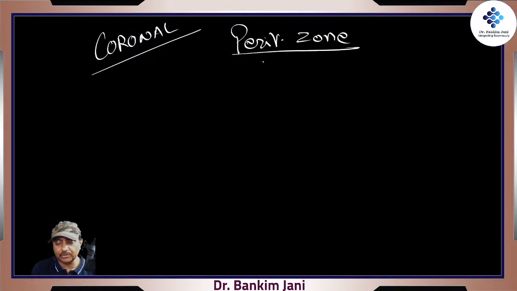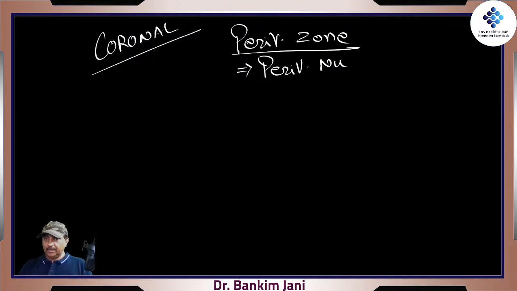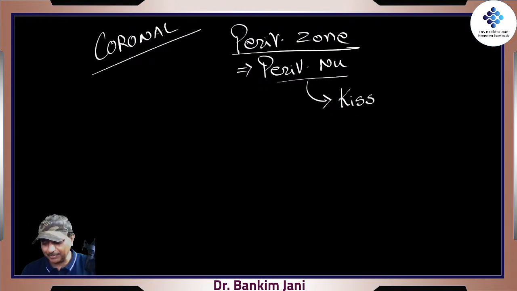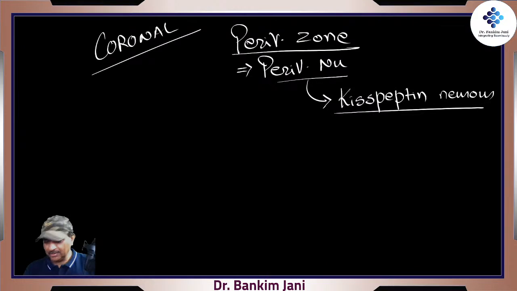In the periventricular zone, there is the periventricular nucleus, the only nucleus we'll be talking about. What does this periventricular nucleus do? Super interesting things. It is called the kisspeptin neurons, and they do exactly what is written.